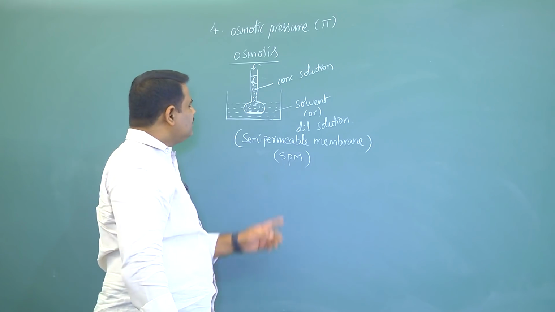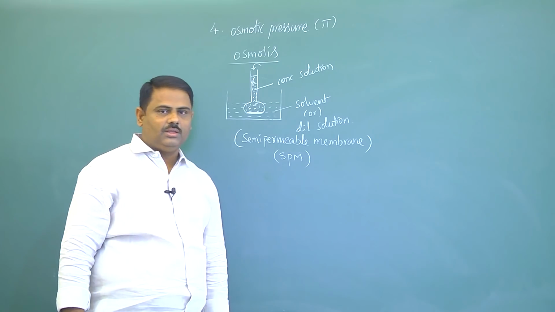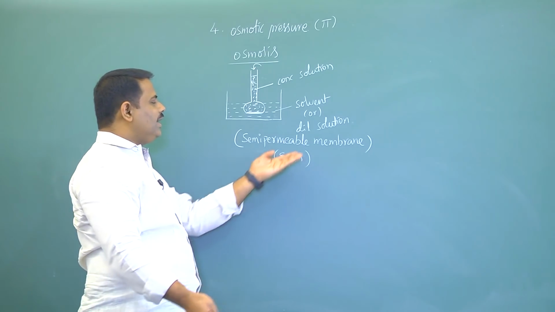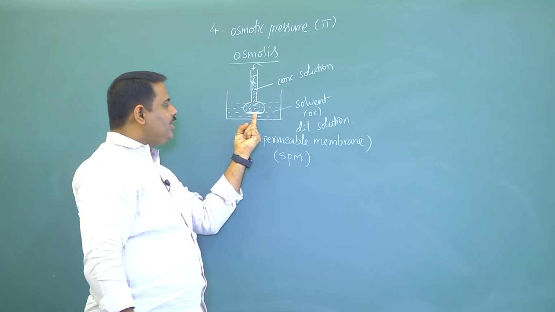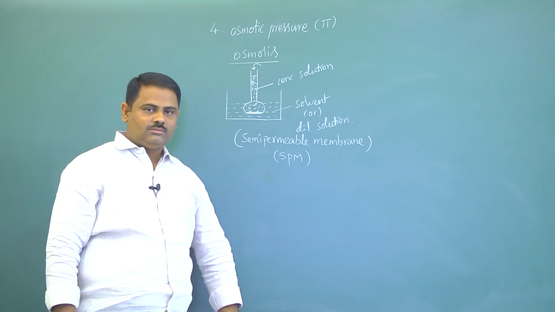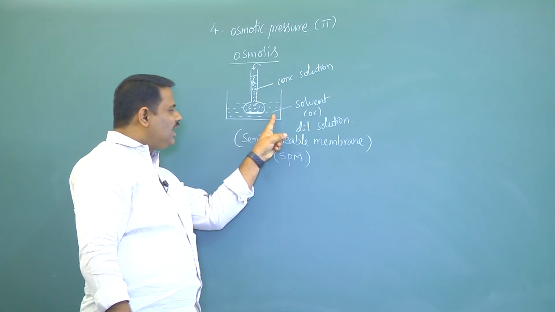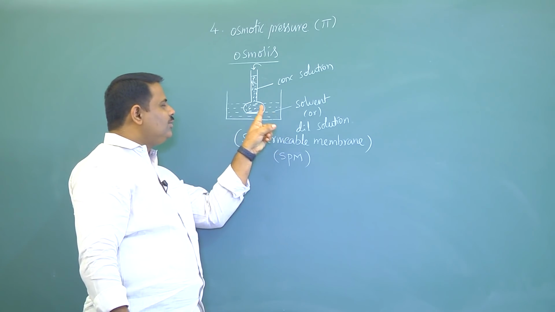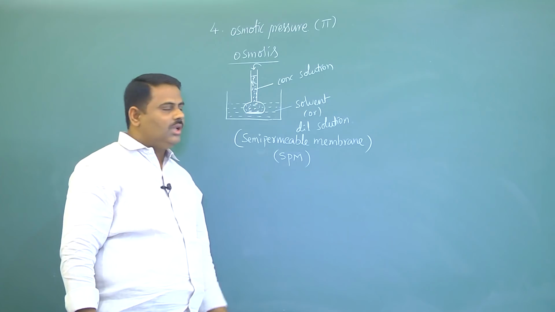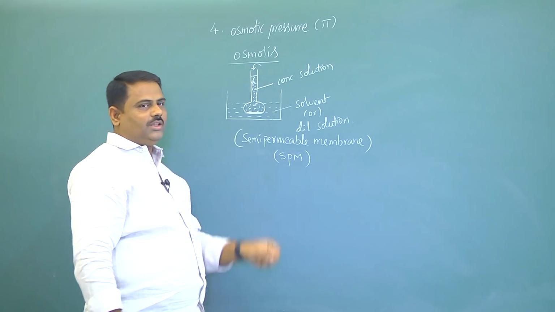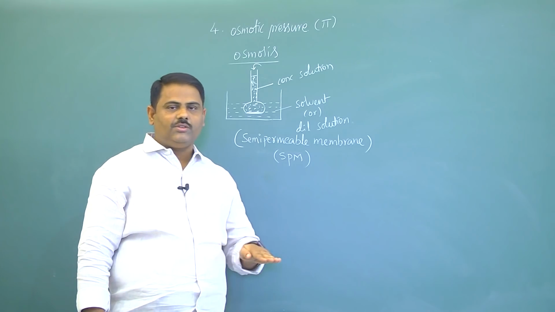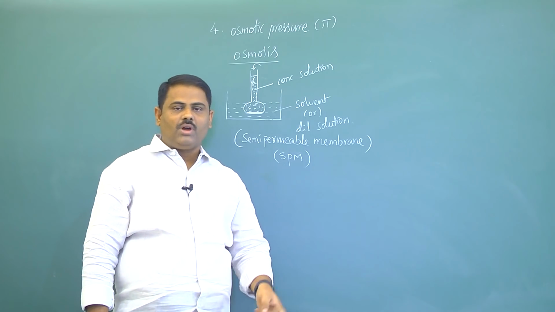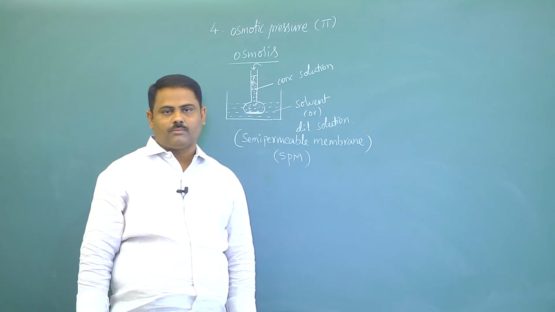Here in this particular case we can identify dilute solution, concentrated solution, and semi-permeable membrane. Due to the inflow of solvent from dilute solution to concentrated solution, the level of this solution increases, and at a particular point of time this process will be stopped because of osmotic pressure.